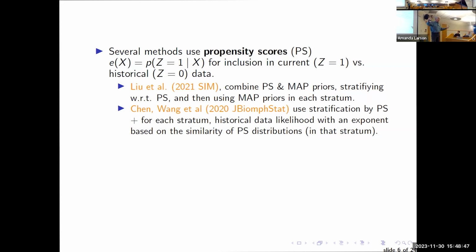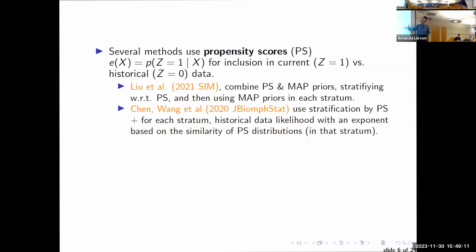Like if you find a stratum where you only have external data, but no data in the current treatment-only cohort, then you just drop those. There's a notion that the external data is typically more heterogeneous than the new data, for the simple reason that the external data typically comes from many different sources.